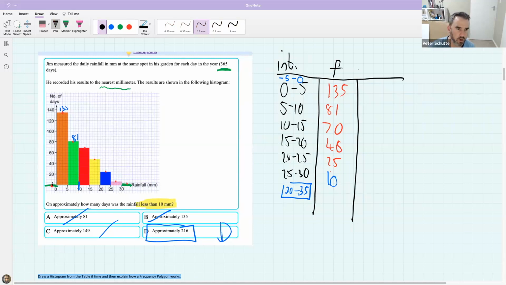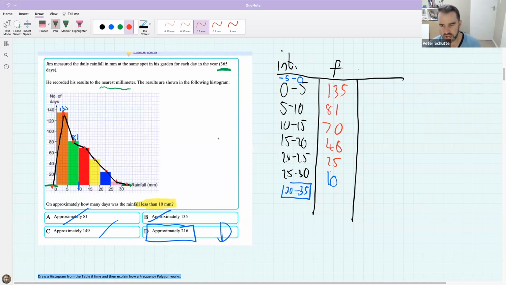You draw a straight line with your ruler from one midpoint to the other, like that. And that is called a frequency polygon. A frequency polygon just basically finds the midpoint of each interval, and then it connects them with straight lines.